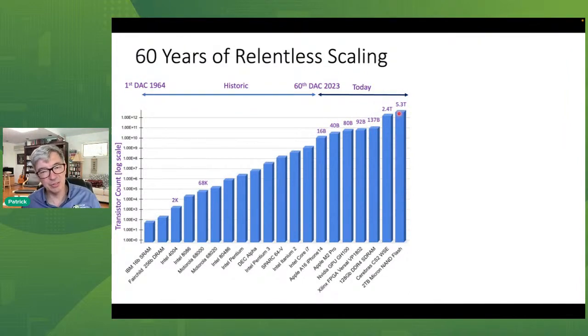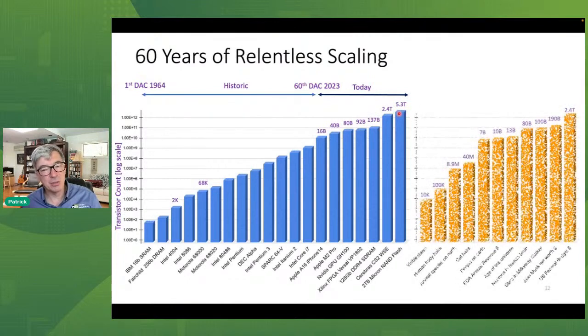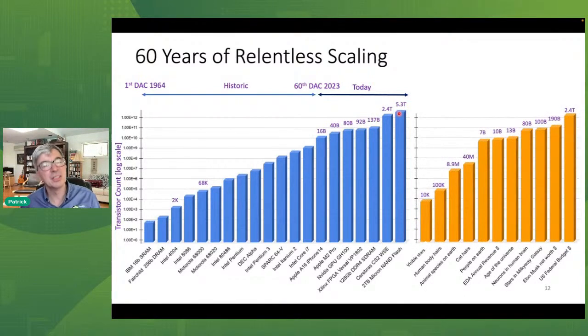And it's always interesting to compare that to some worldly things that are also large, and to say, we're really designing things that are at astronomical scale. So the number of hairs we have on our body is in the order of 100,000. There are 8.9 million species of animals on Earth.